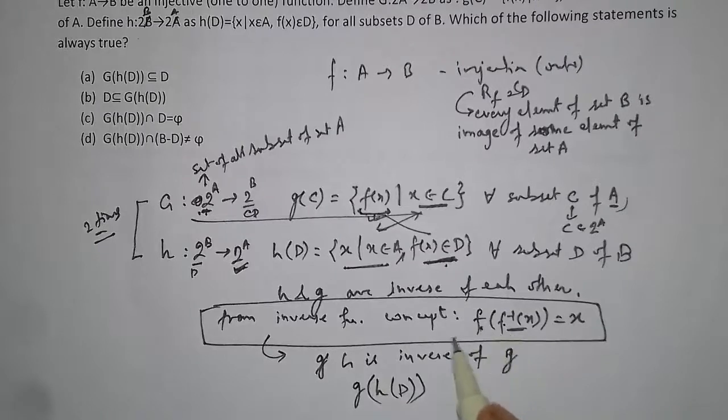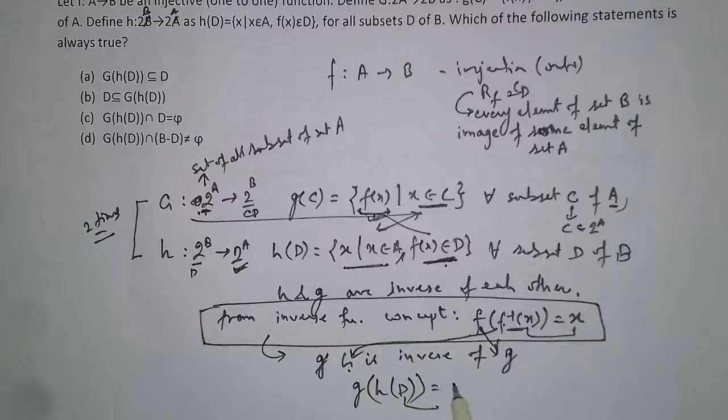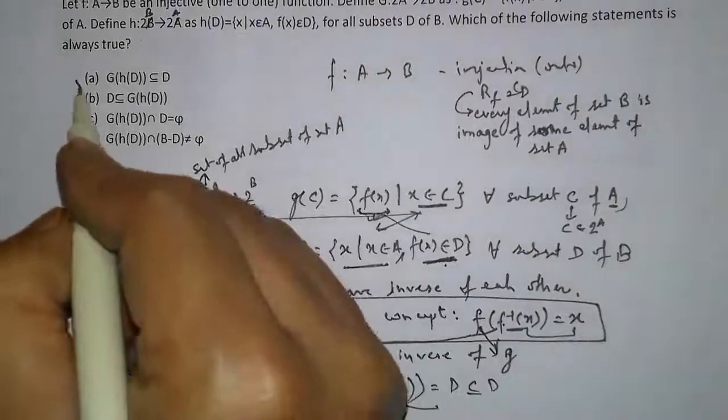Both are inverse of each other. So f of f inverse x equal to x gives g(h(D)) equal to D. Since we know that every set is a subset of itself, D is also a subset of D. So option A is correct.